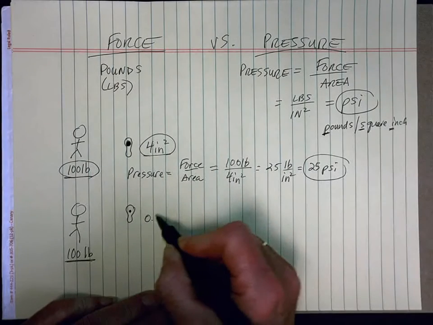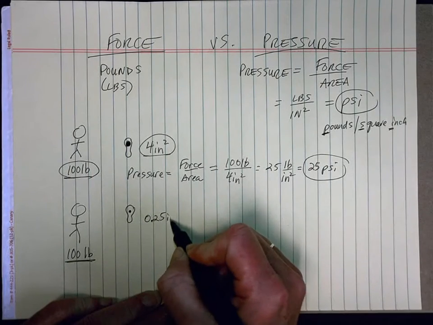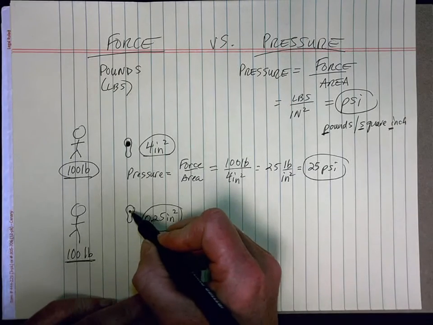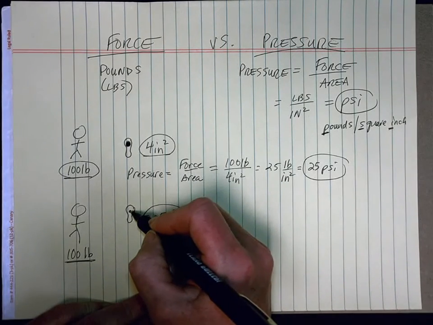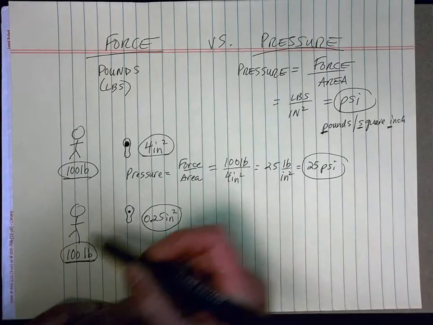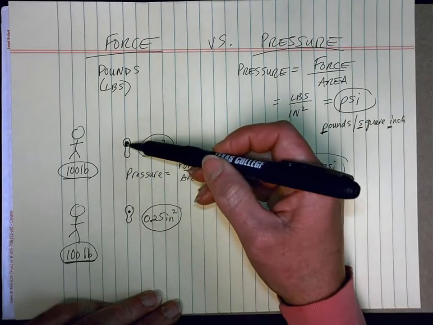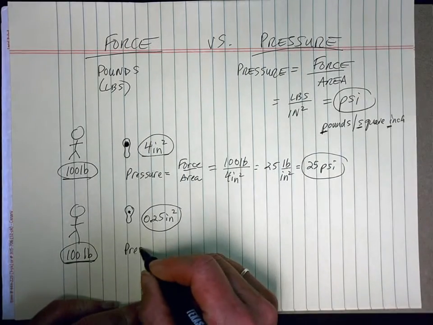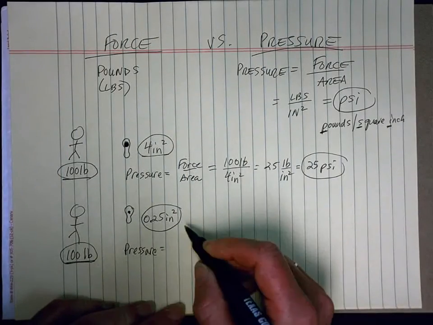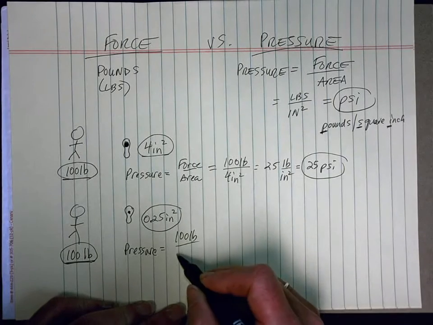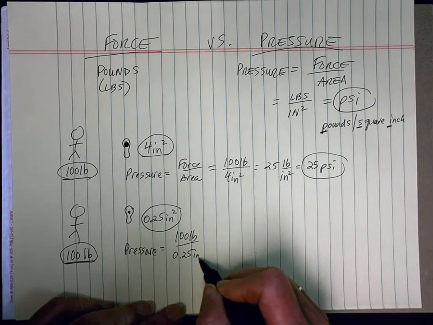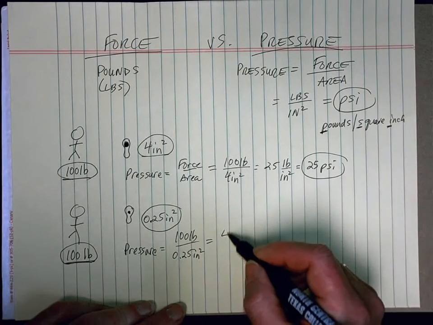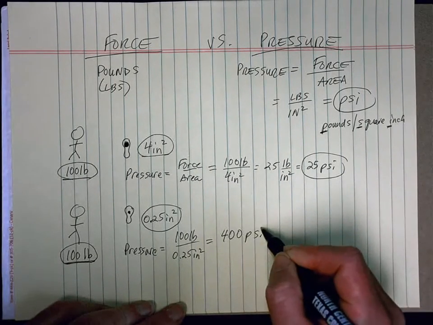So we're going to say the area is 1/4 of an inch squared that we're going to apply that force over. So is that going to be more or less pressure? It's the same amount of force, but the surface area over which that force is applied is different. So if you do the math on that, pressure is equal to 100 pounds divided by 1/4 of a square inch. If you do the math on that, you get 400 psi.